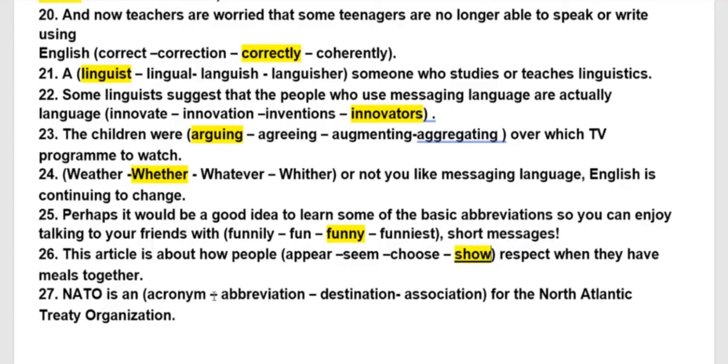NATO, right, NATO is an acronym. Why do you say acronym here? I mean that an acronym, right, is a word formed by the first letters in a group of words together. Acronym. For the North, A, Atlantic, T, Treaty, O, Organization: NATO.